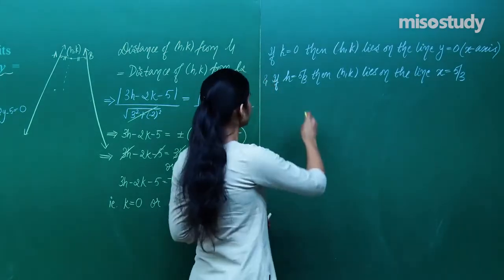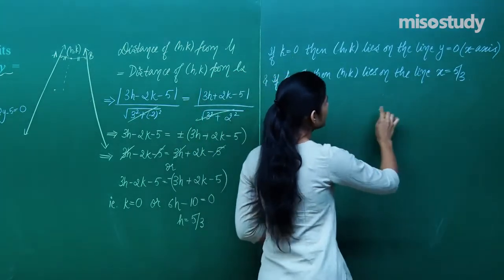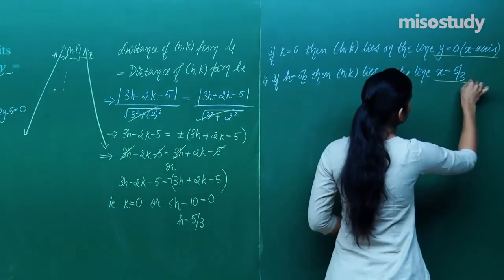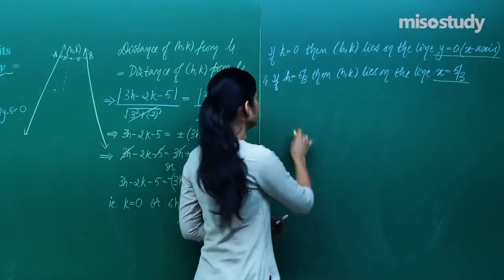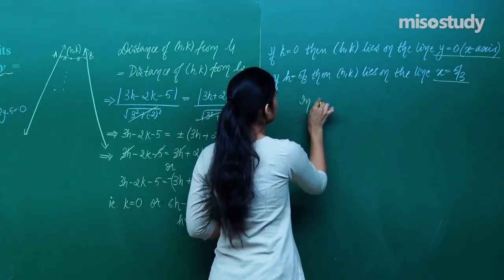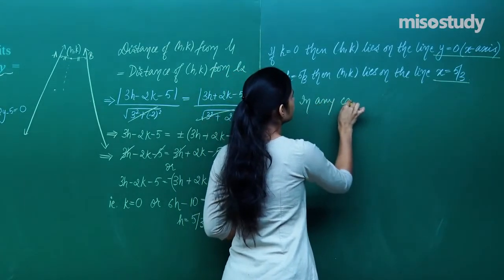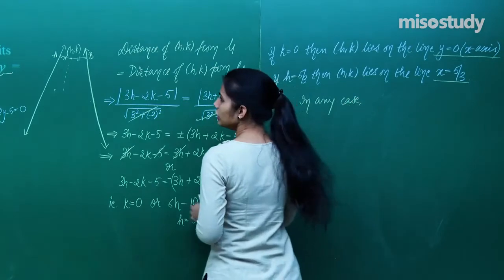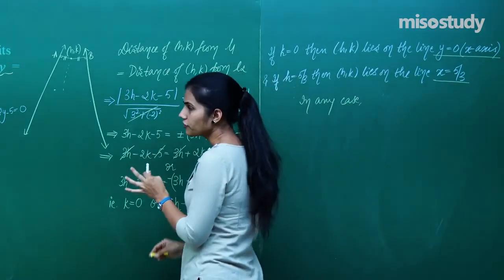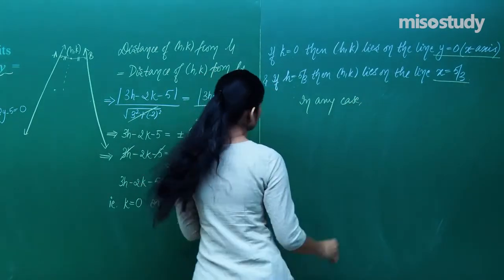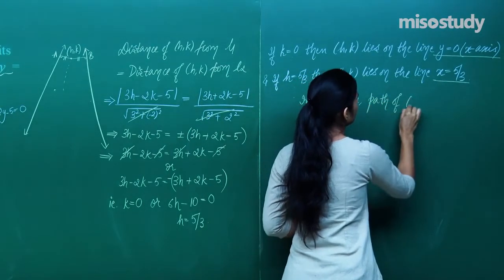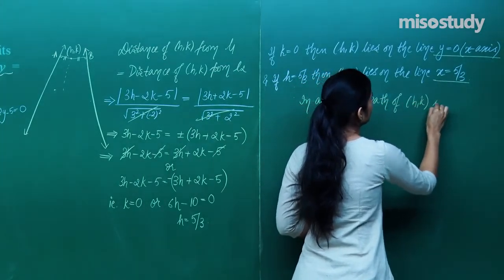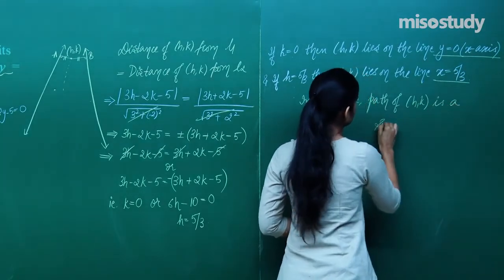That means in both the cases it is actually representing either this straight line or this straight line, but in any case it is definitely representing a straight line. Therefore, in any case we are getting that the path of this moving point h comma k is actually a straight line.